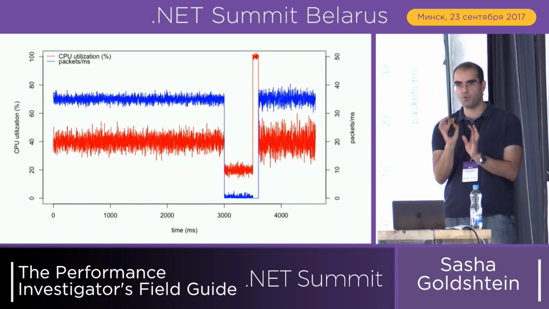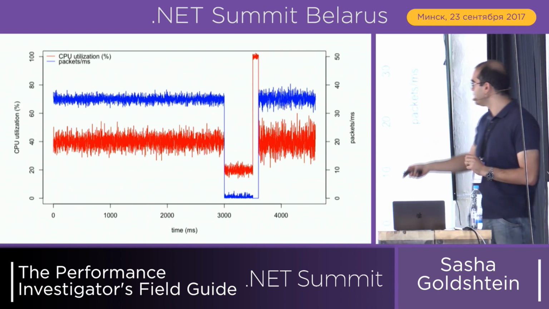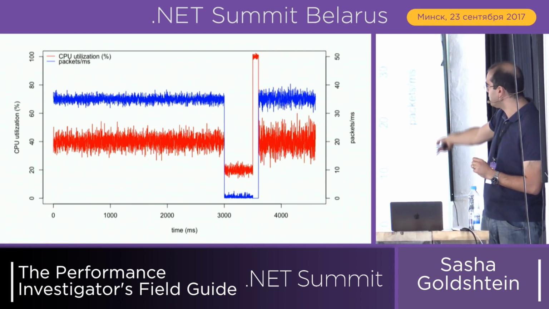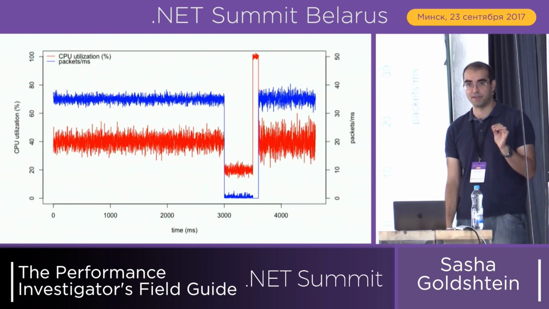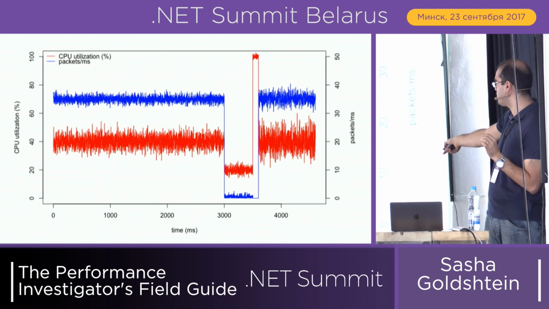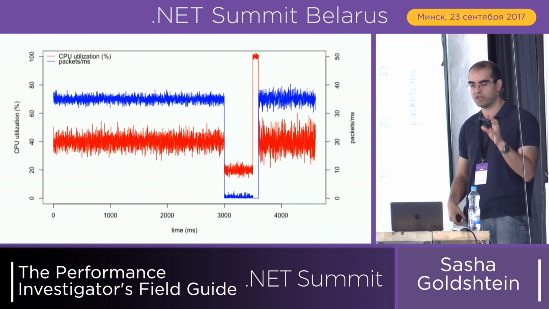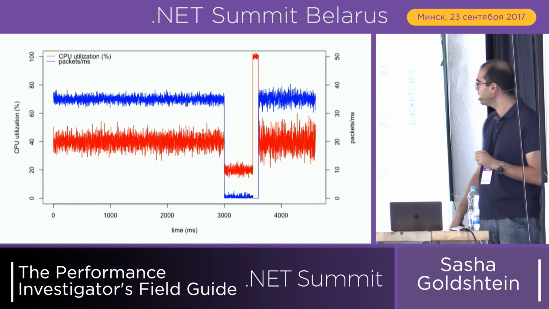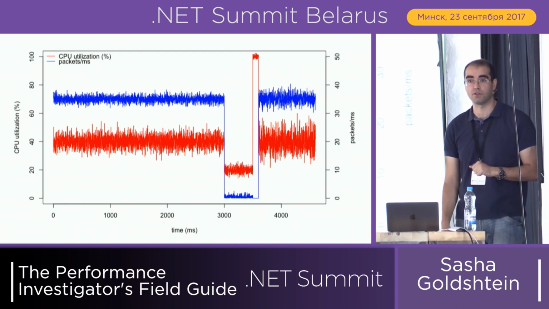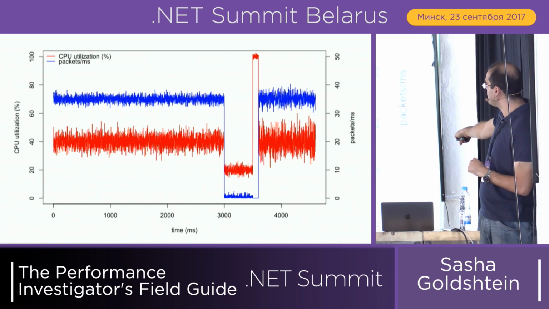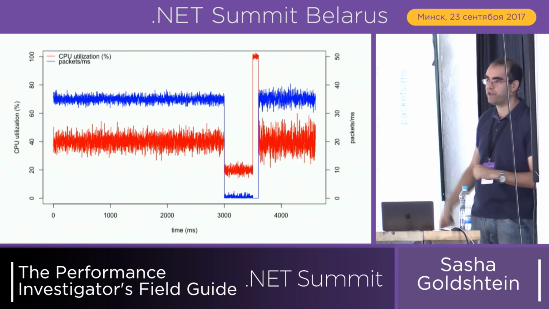And then there are two weird phenomena here. The first drop over here, we are still working, we're still processing some packets, okay? So it's not a complete drop to 0 packets, but we're still processing, it's a lot slower though. And CPU utilization is also dropping. And then there's a complete halt in packet processing.